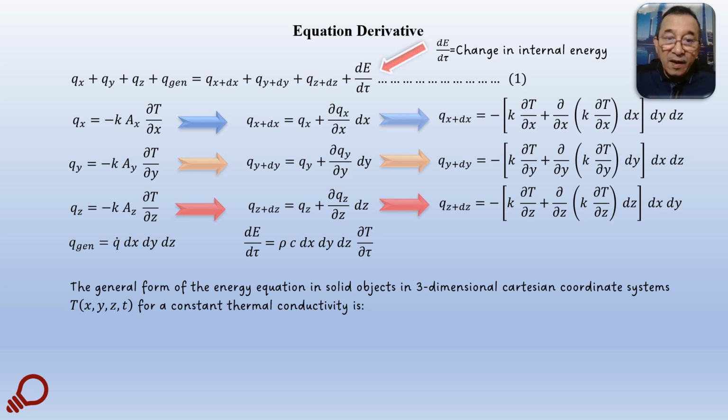So if we substitute these values in the general form of the equation with the assumption that thermal conductivity is constant, then we will get the final form of the temperature distribution, or the energy equation, in Cartesian coordinates for three dimensions: partial squared T with respect to x squared, plus partial squared T with respect to y squared, plus partial squared T with respect to z squared, plus q dot divided by k equal to 1 divided by alpha partial T with respect to tau.